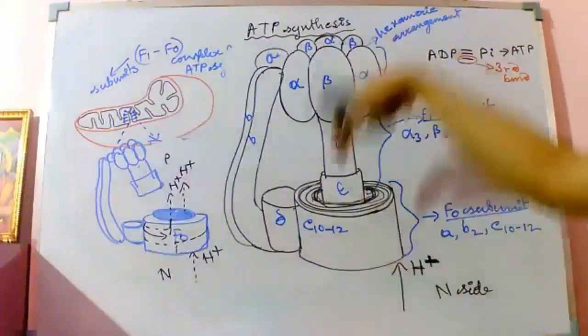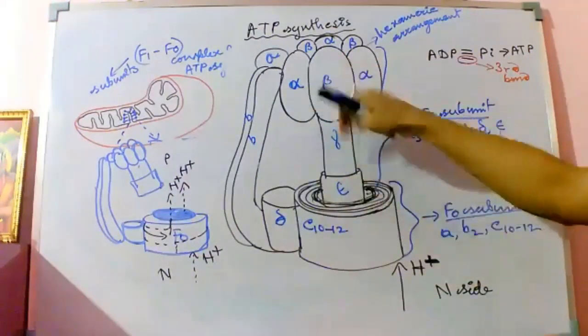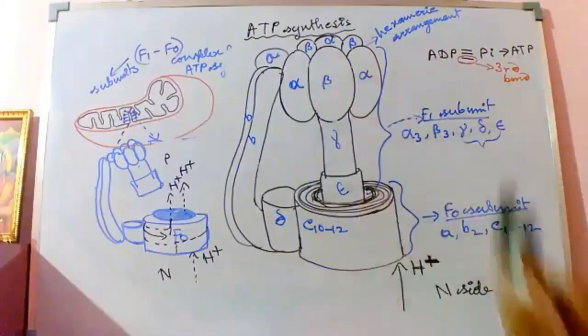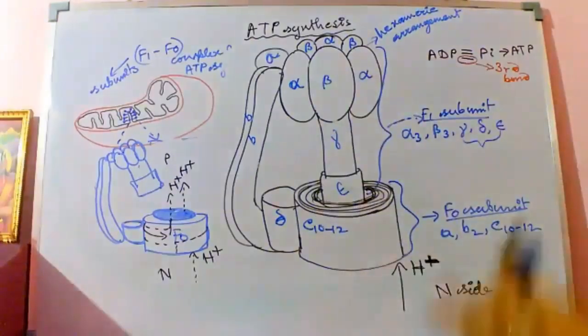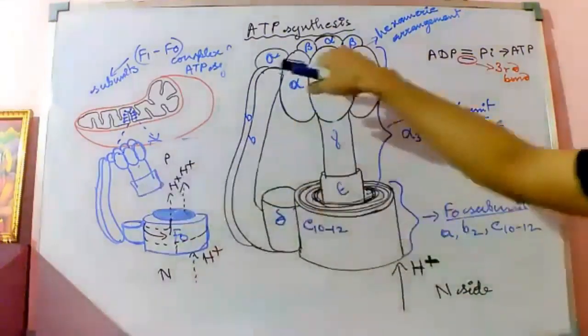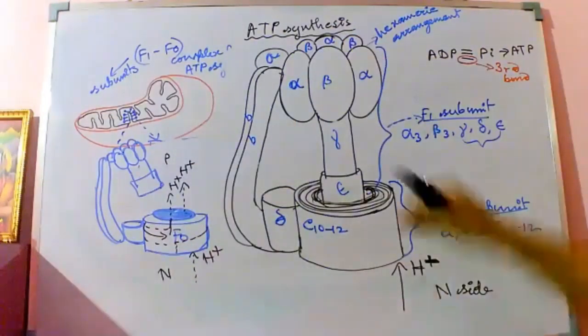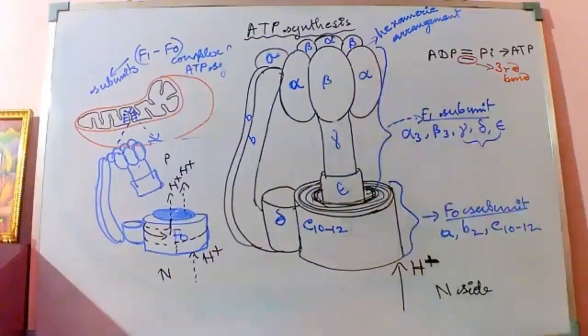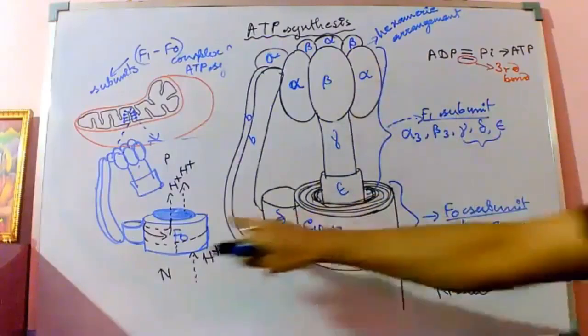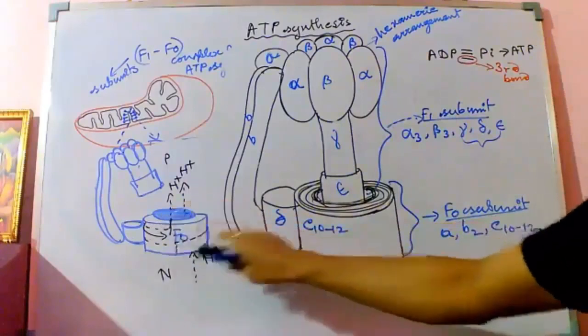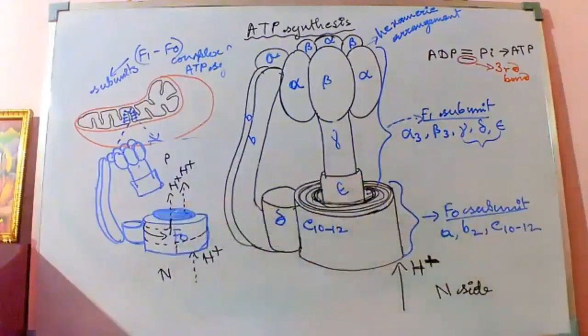It again plugs the F1 structure into the F naught complex, thereby blocking this hole of the F naught subunit completely. When this plugging happens, that is a complete blockage of this entire hole of the F naught complex, then no more protons can vigorously go out from the matrix to the outer side.